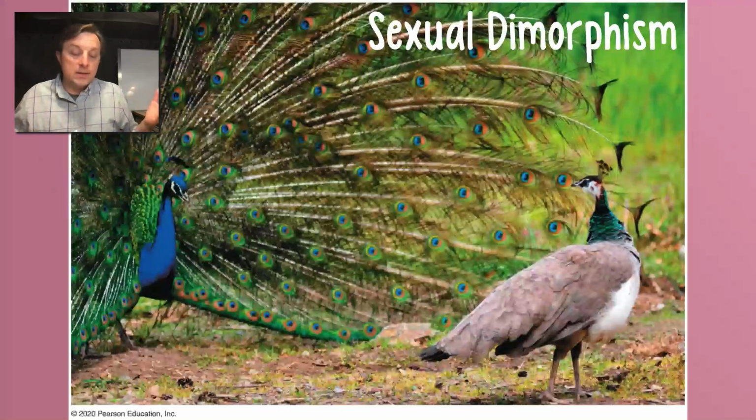Basically that just means that the males and the females of a species will look very different: male peacocks, female peahens. Sexual selection can be very, very powerful. This mate choice can lead to all kinds of very interesting evolutionary outcomes.